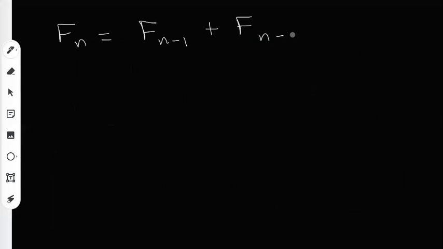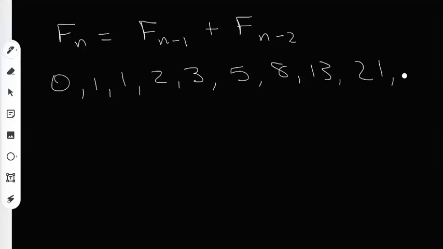The n minus 2 term. So every single term is going to be the sum of the previous two. Now, if I take these numbers, what were they again? 0, 1, 1, 2, 3, 5, 8, 13, 21, and so forth.